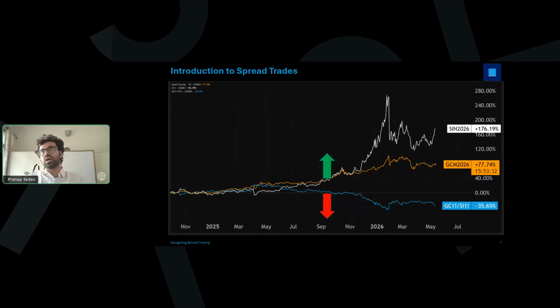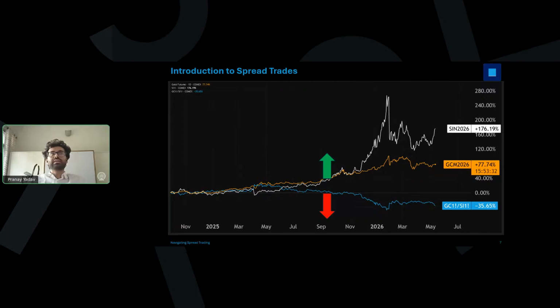The example I like to start with is something that may be relatable to some of you. It's the gold silver ratio. Now, this is a ratio that traders have been using for a long time, and it's been getting more and more popular as of recent times because of the huge run up that we've seen in silver prices last year and precious metal prices as a whole over the last 2 to 3 years.